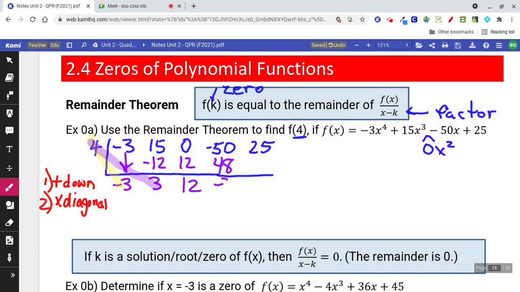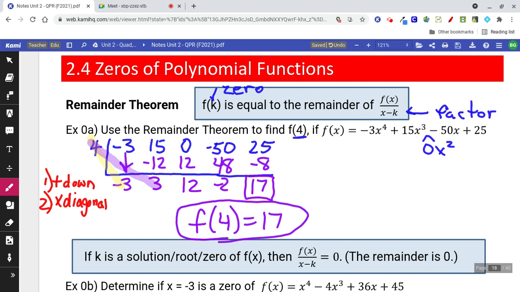Add down is -2, multiply diagonal is -8. Add down, 25 plus -8 is 17. That's my answer right there. The remainder theorem. That's the remainder of the division problem. And without going into the long division process, that's the remainder. That's the answer. And that means f of 4 equals 17.